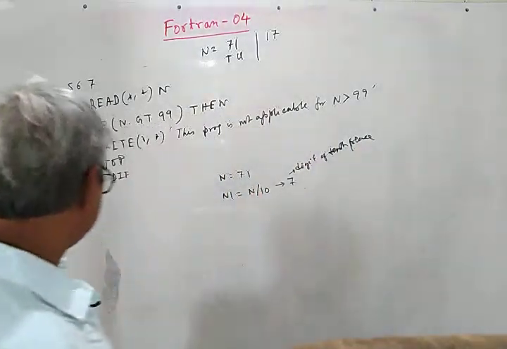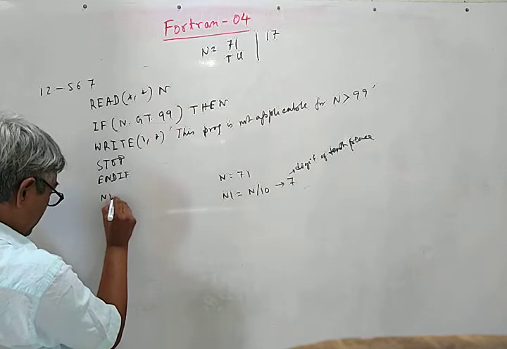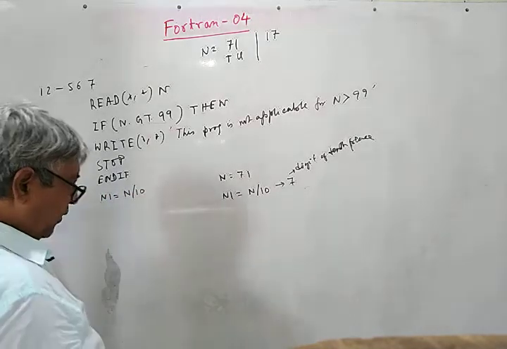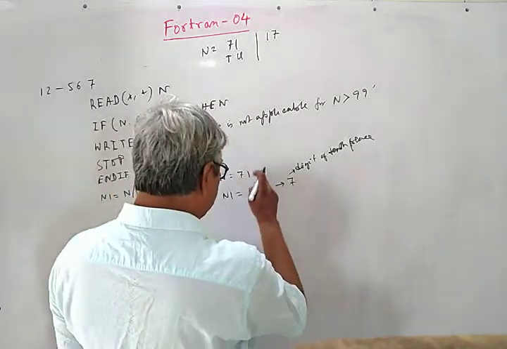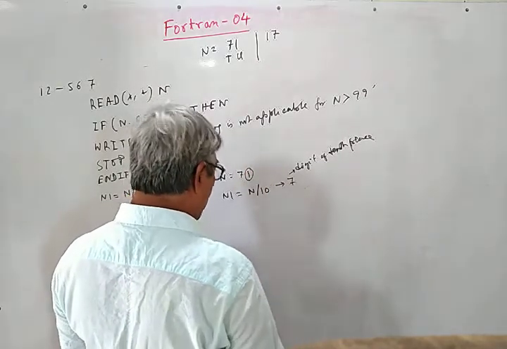So we identify the digit in the tenth place. n1 is equal to n by 10. Once you do this, this part can be identified in two ways.